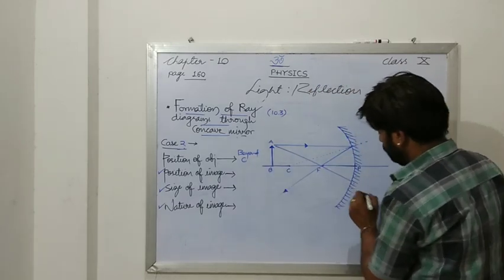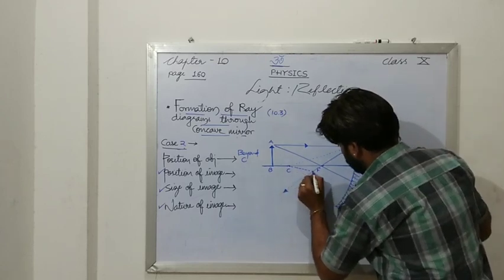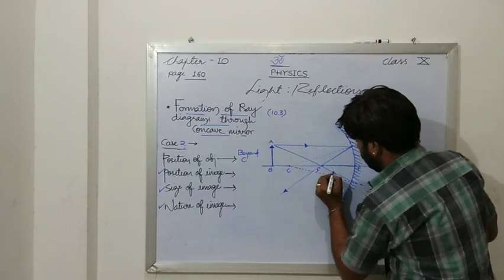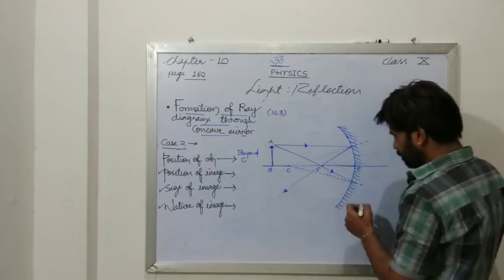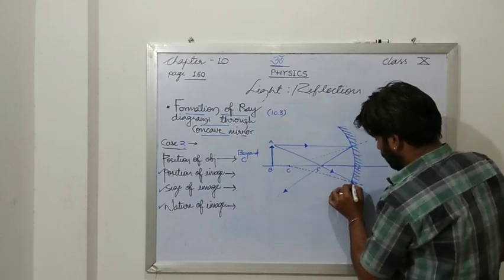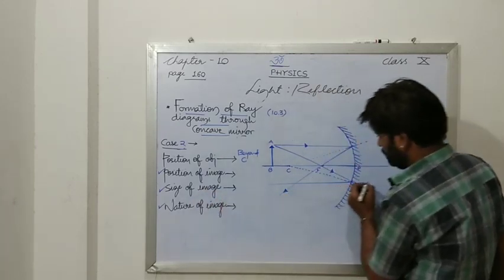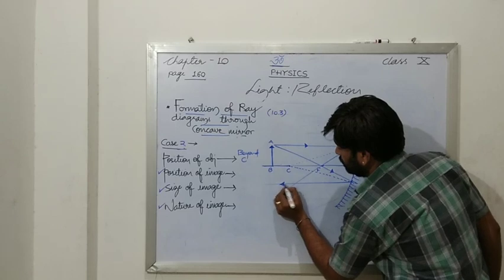Again, at this point we have to draw a normal once again. Then a ray which is passing through the focus, just after reflection, it will be parallel to the principal axis. It will pass parallel to the principal axis.